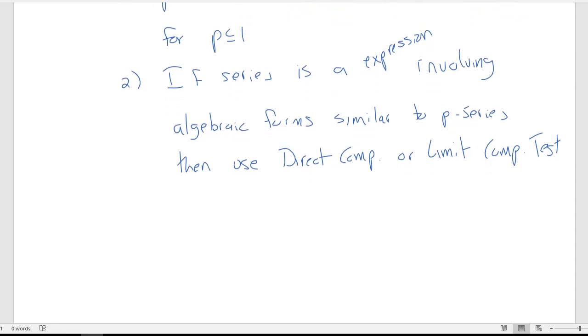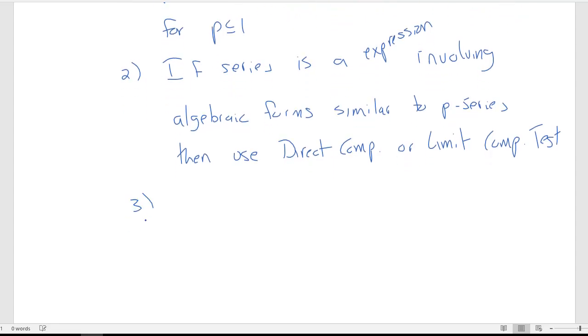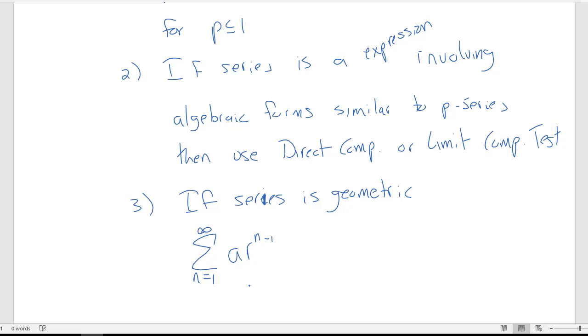All right, so the third one would be a geometric series. Again, usually in the context of a chapter test, we don't have an exact geometric series. We might have something similar, but just in our summary: if the series is geometric, and remember the way we wrote a geometric series was typically a r to the n minus 1, going from 1 to infinity, plus dot dot dot.